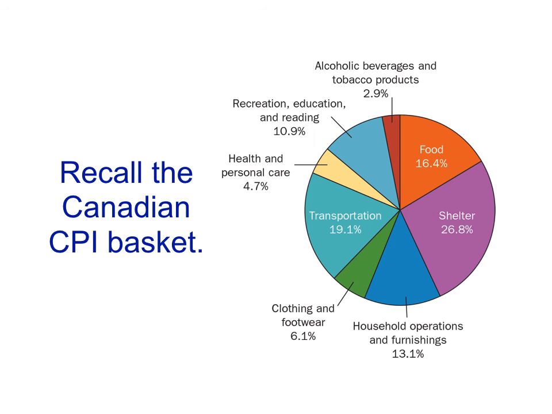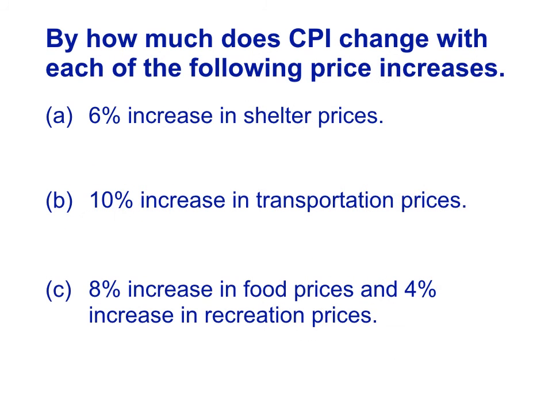Well, if the price of shelter goes up by 10%, then that means the entire basket is going to increase in price by 2.68%. So I'm taking 10% of 26.8. Right? So if shelter goes up by 10%, my entire cost of living will go up by 2.68%.